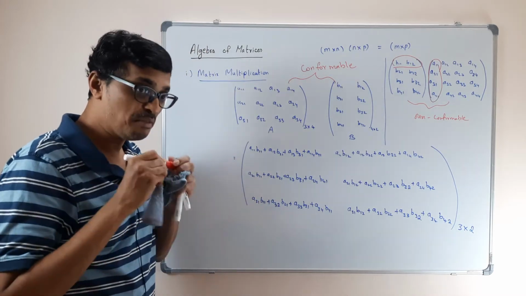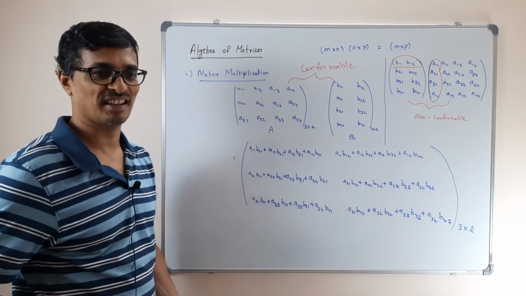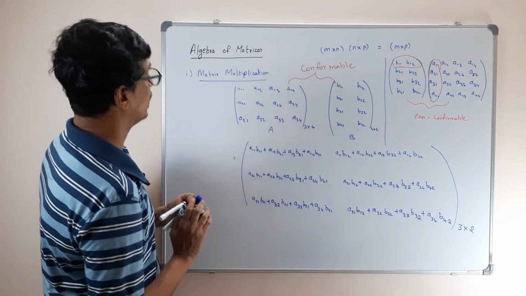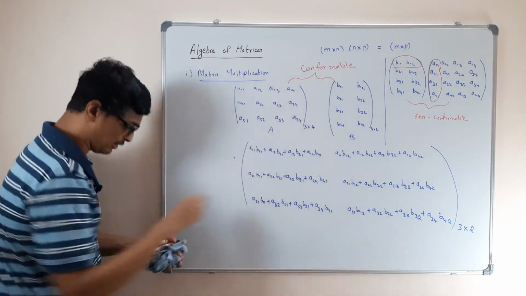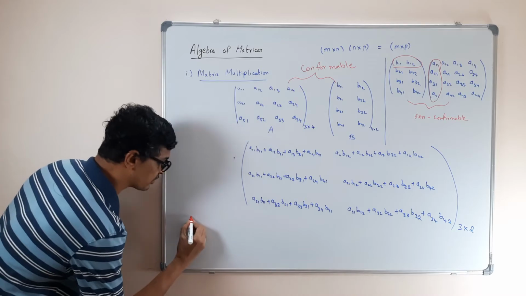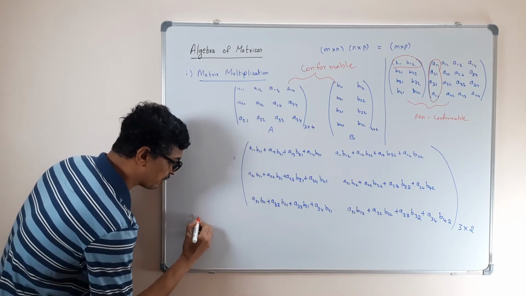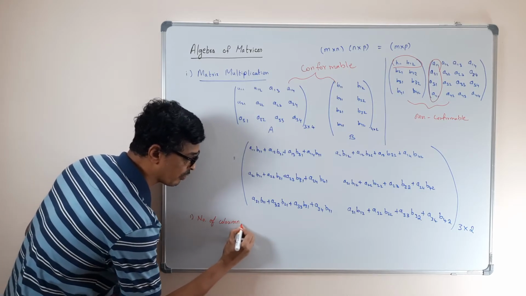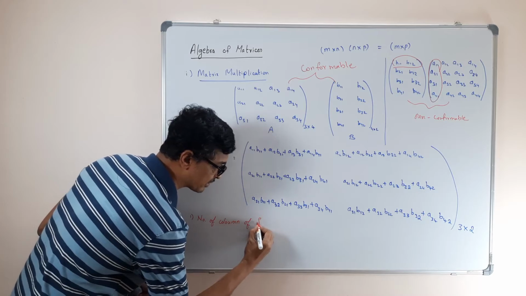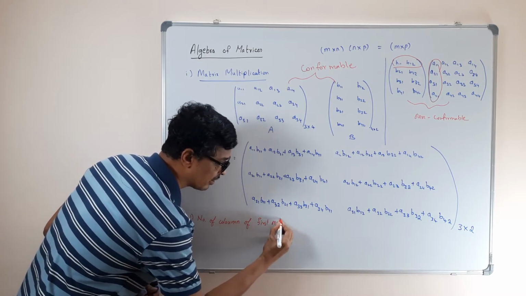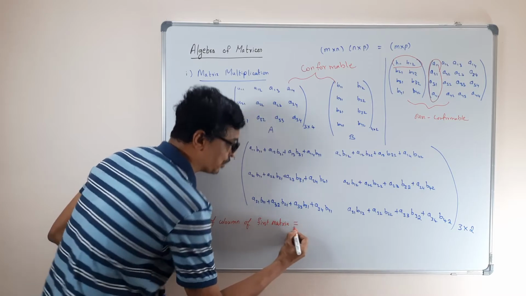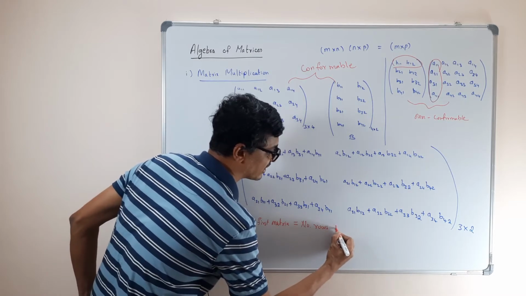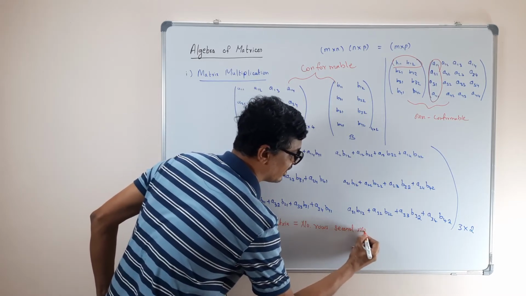So one of the important properties of matrix multiplication, what is that? Let us write it down. The number of columns of the first matrix should be equal to the number of rows of the second matrix.